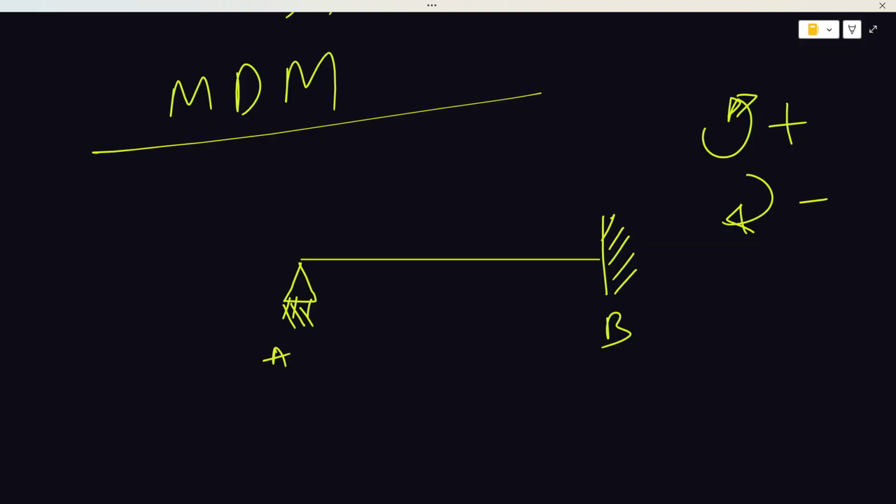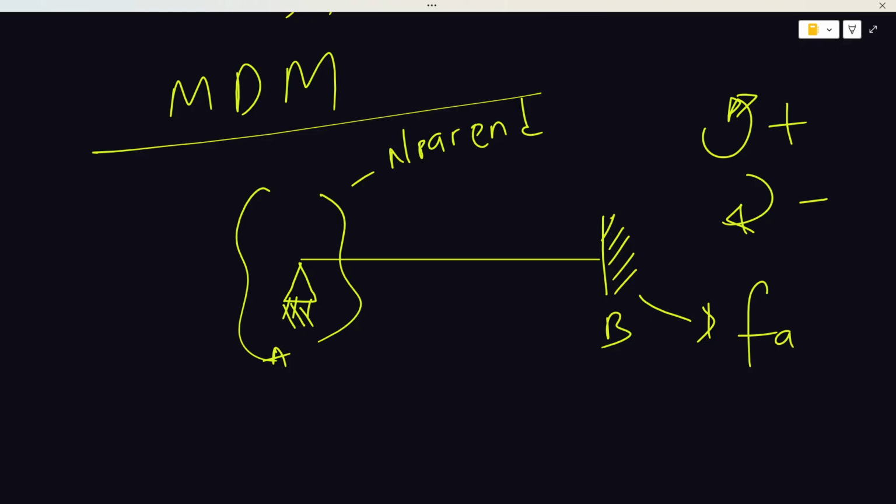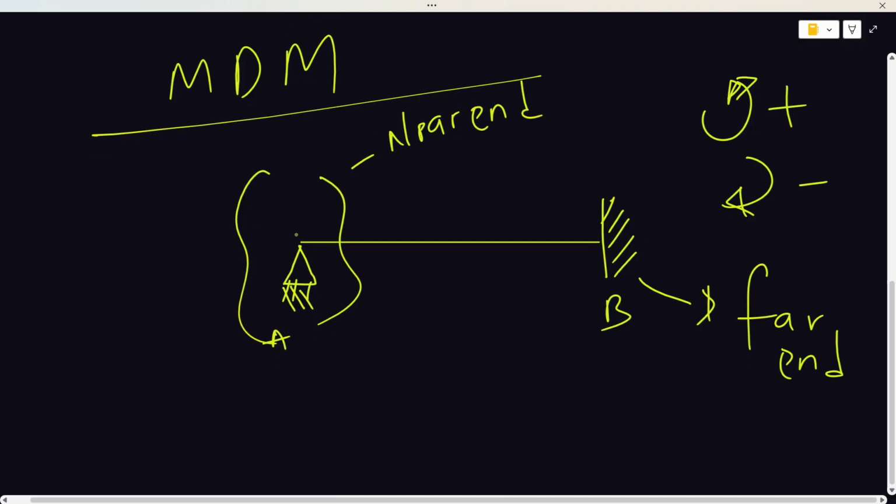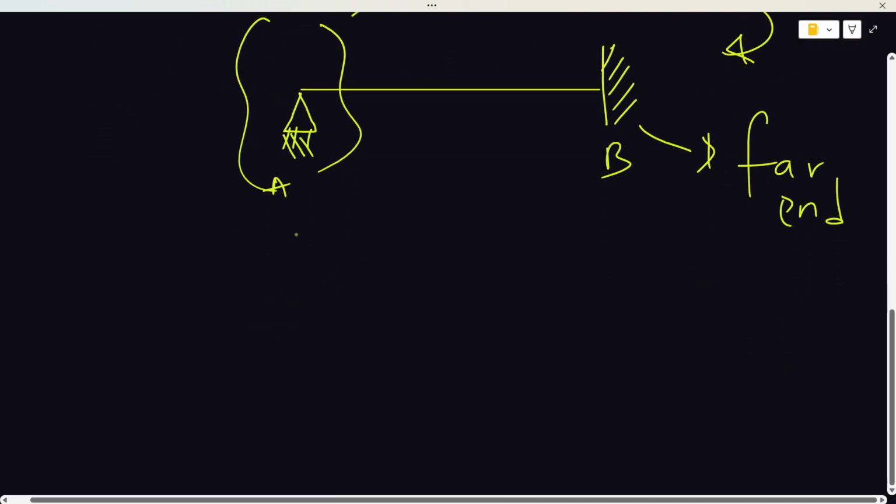Let's say we're dealing specifically with A, that is, we're treating A as the near end and we're treating B as the far end. So if you have this condition where your near end is a hinge and your far end is a fixed support, you need to know something.